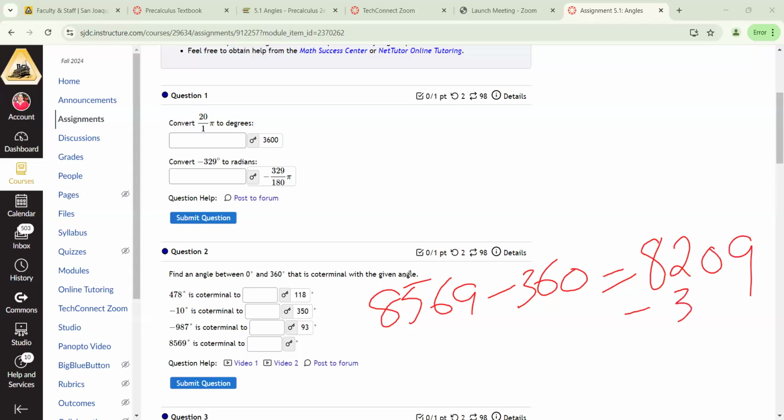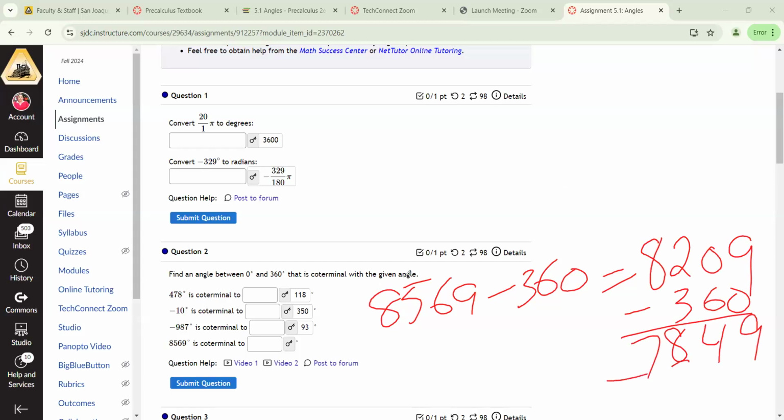Then I'm going to subtract another 360. I'm going to keep subtracting 360 until I get the answer between 0 and 360. So when I subtract this time, it's going to be 7,849.